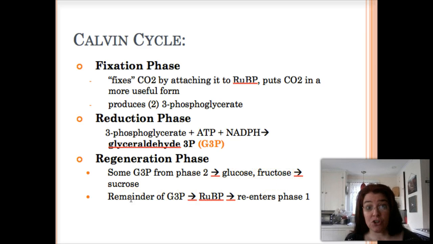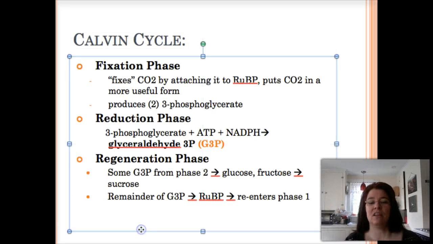The remainder of the G3P is used to create more RUBP, which then is used during the fixation phase to fix more carbon dioxide and make more 3-phosphoglycerate, which comes together with ATP and NADPH to make glyceraldehyde 3-phosphate, which is split into 2 groups to make more carbohydrate and more RUBP, which goes back into the fixation phase and comes together with more carbon dioxide.